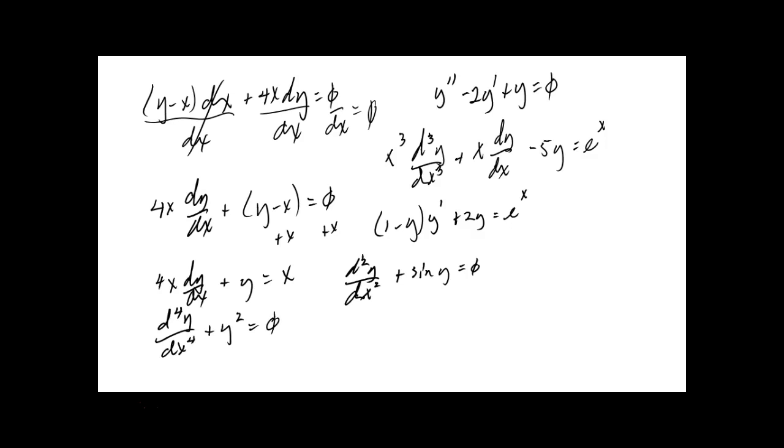And this one, that's a function of x alone, that's a function of x alone. This is not multiplied by anything to do with y. That's not multiplied by anything to do with y. So this is linear on this side. It doesn't matter what e to the x is there. But this one was nonlinear because you had, in this term, when you distribute, y times y prime, that's no problem, y prime.